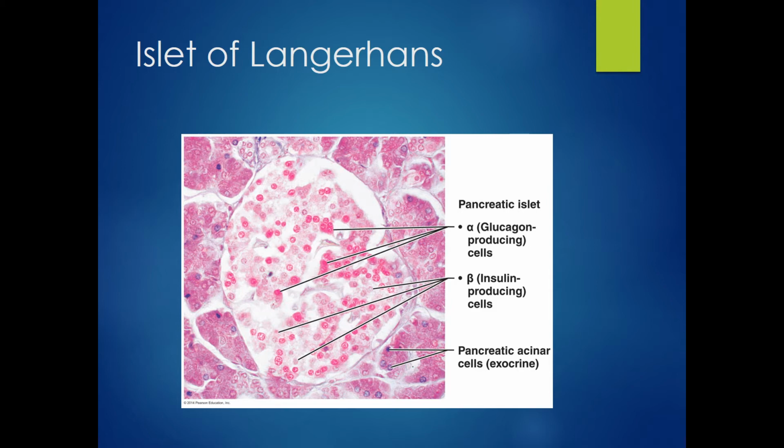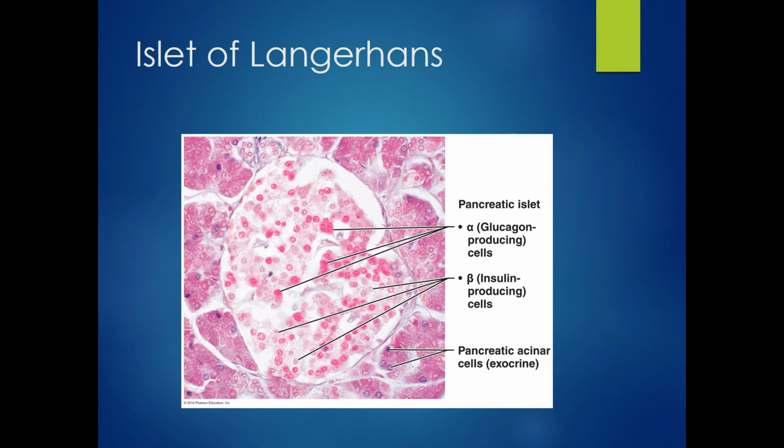Your immune system turns on your beta cells and causes their complete destruction, and therefore you don't make insulin anymore. And then you have type 1 diabetes mellitus. And then the alpha cells are going to be the cells that help with hypoglycemia.